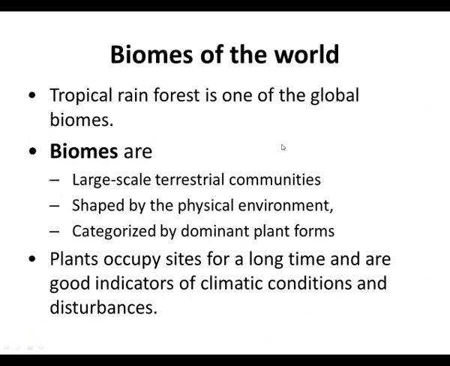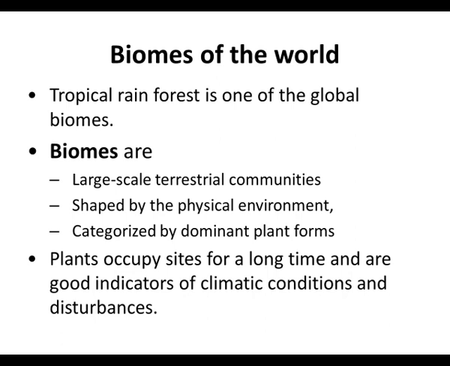So again, the biomes are large-scale terrestrial communities, and they are typically shaped by the climatic conditions in that environment. And when we are categorizing biomes, we use dominant plant forms.